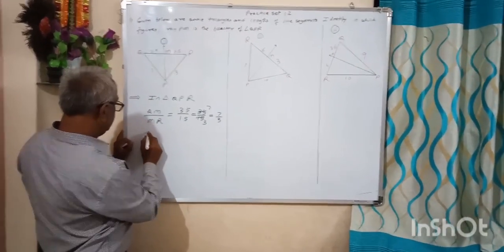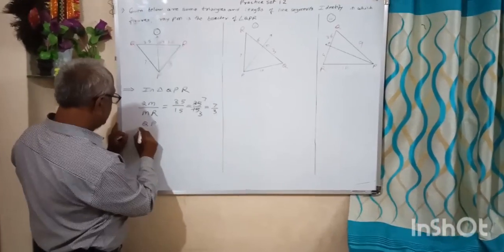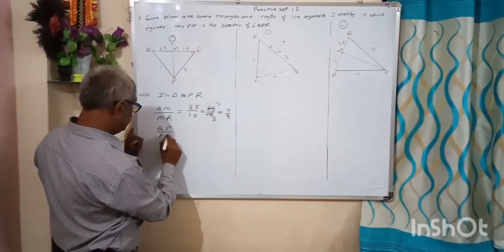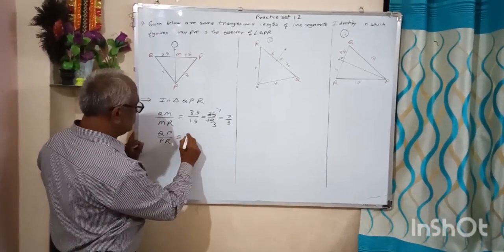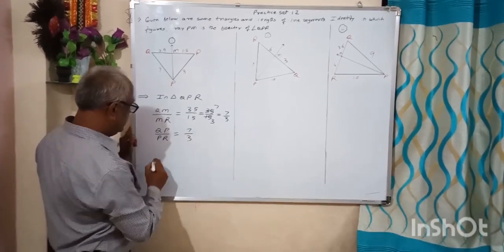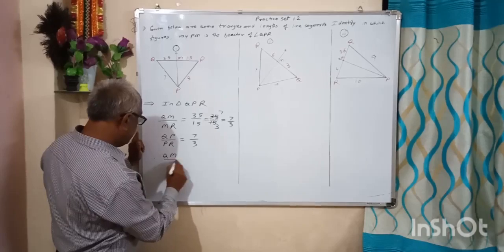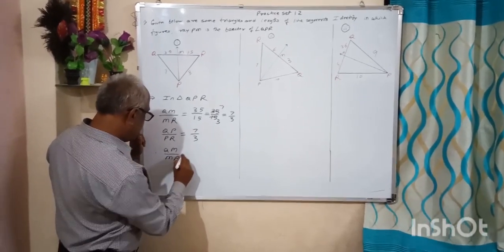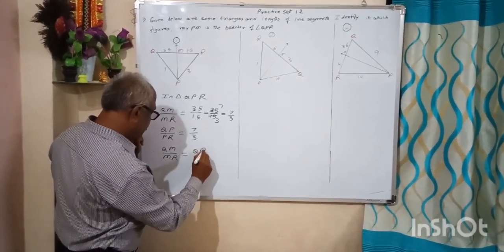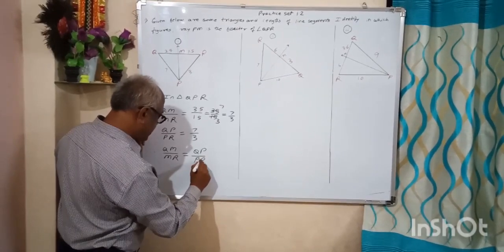Now QP upon PR is equal to 7 upon 3. Therefore from this we get QM upon MR is equal to QP upon PR.